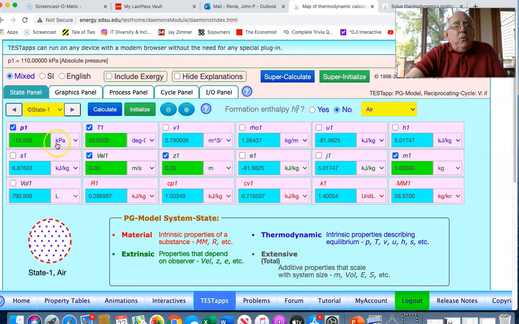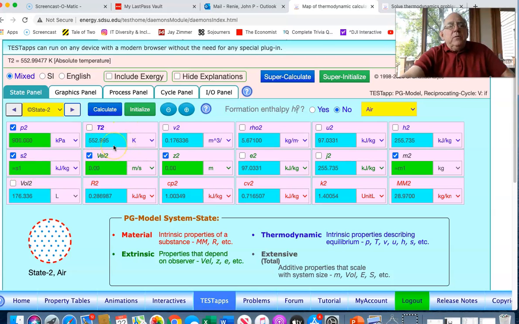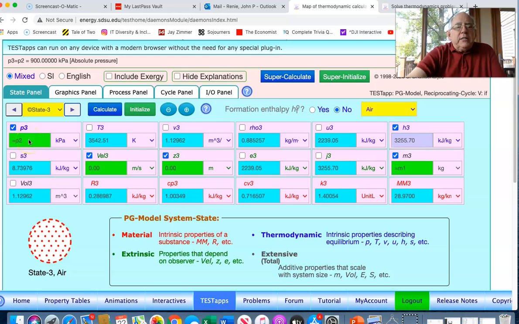So in state 1, we started with a temperature and pressure and a mass. State 2 went up 900. It was isentropic, and we see that it went up to this temperature. Again, constant mass. State 3 then was that constant pressure process where it went up to an elevated temperature of 3,542 Kelvin.